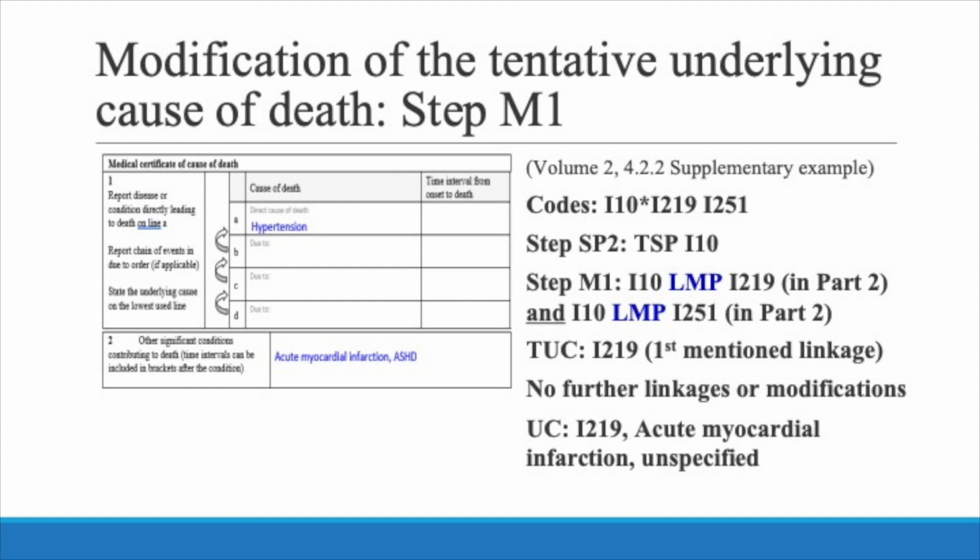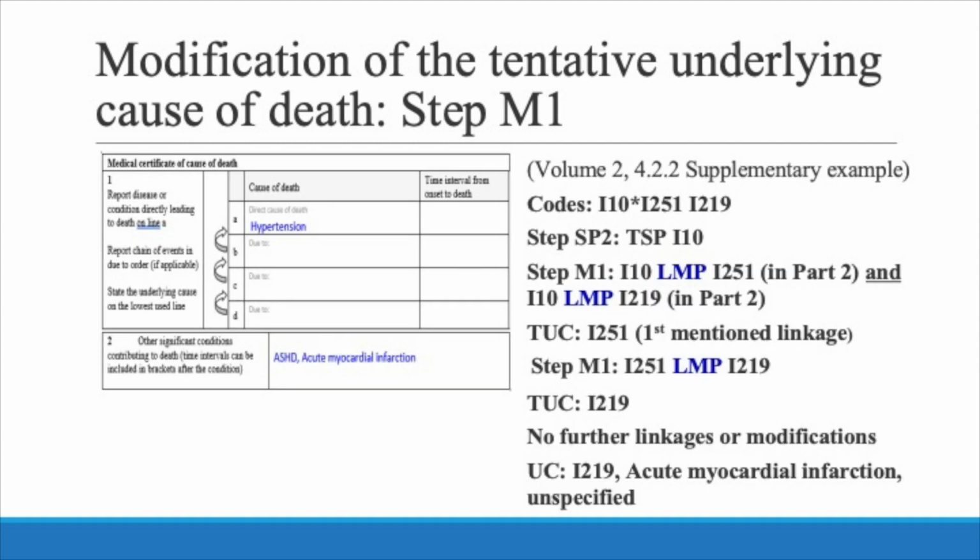So the new tentative underlying cause as selected by an application of step M1 is I219. In the special instructions for the application of step M1, there are no further linkages or modifications to this tentative underlying cause. So our underlying cause for statistical tabulation is I219, acute myocardial infarction unspecified.